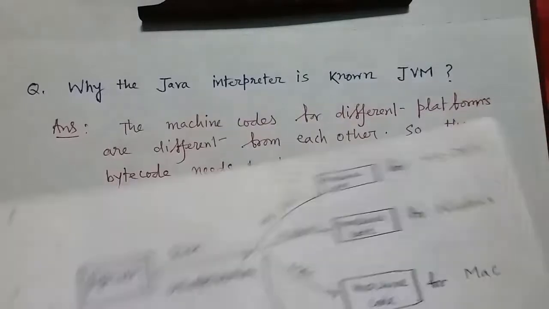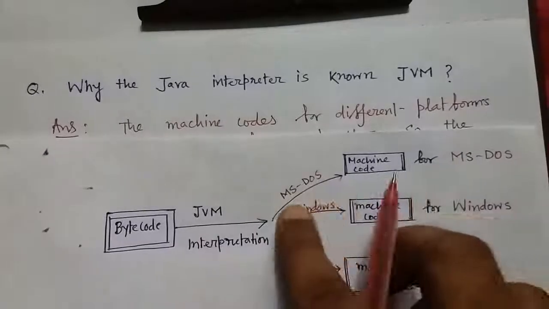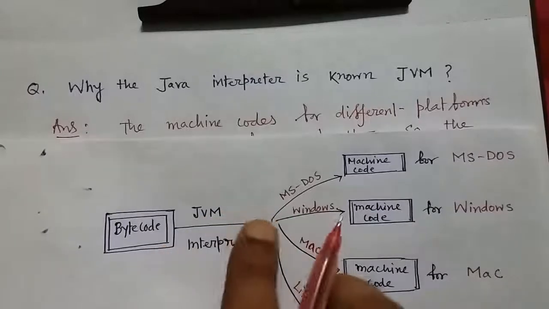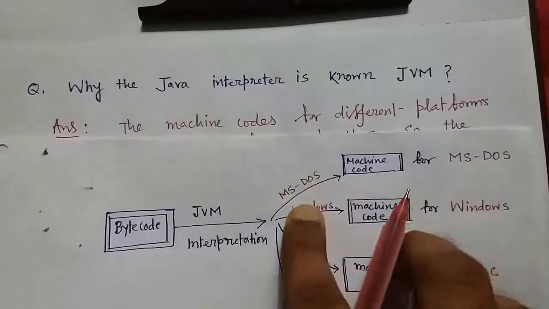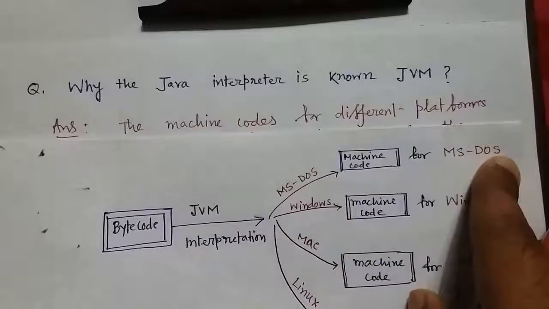Just like if the bytecode is executed on an MS-DOS based machine, then the JVM should generate the machine code for an MS-DOS based machine, isn't it?